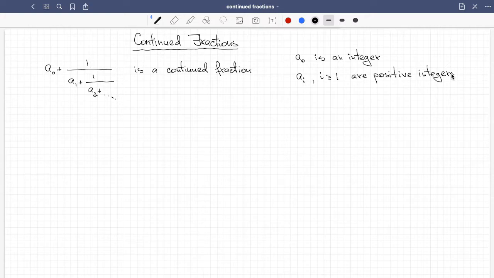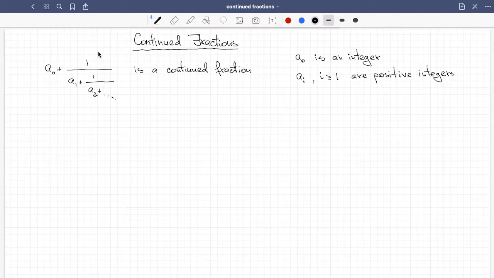Still, it is not at all obvious that this expression under this restriction makes sense if there are infinitely many of them. First of all, writing continued fractions this way is very inconvenient.